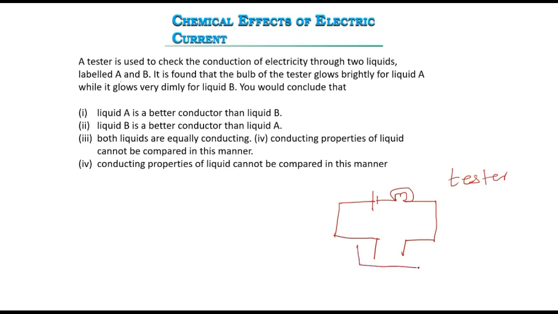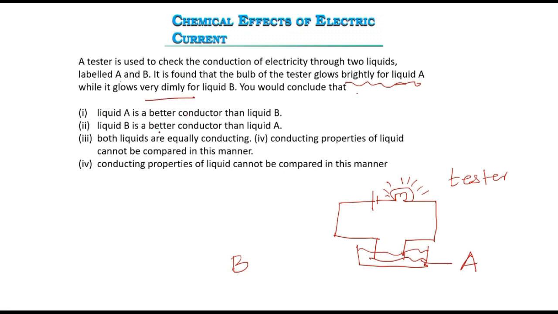Now suppose I keep these 2 terminals in a liquid, what we call liquid A. It glows brightly for liquid A. It will glow very bright for liquid A, and in the case of B, it will not be so bright, it glows very dim.